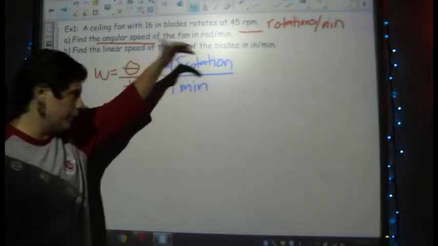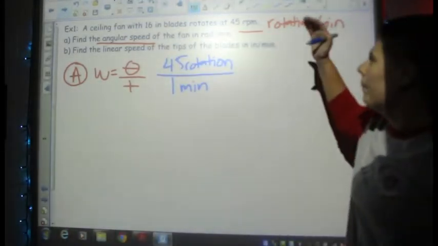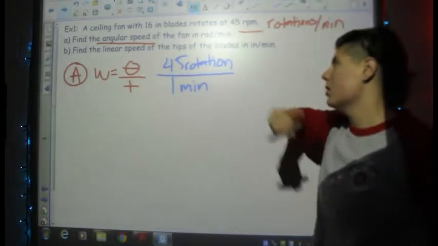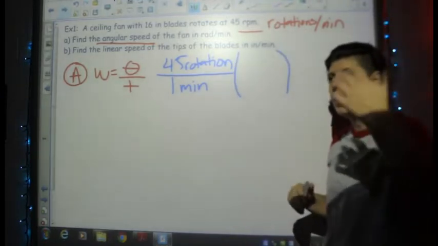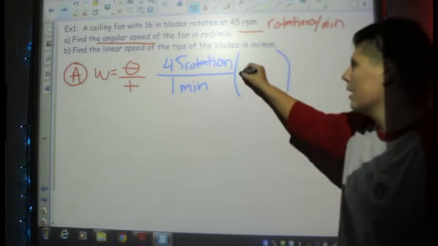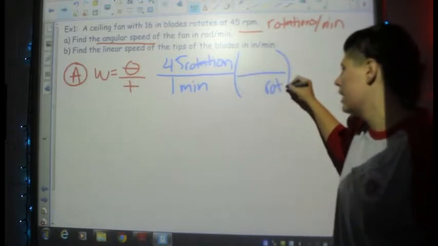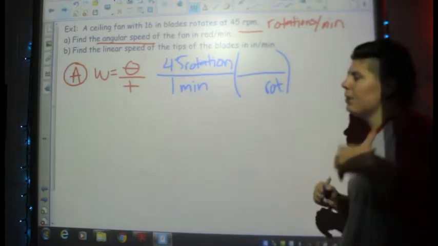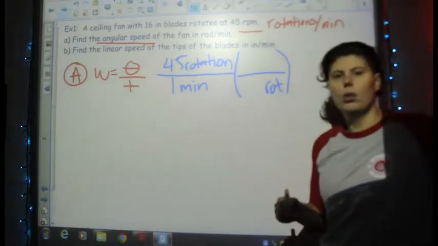So I need to change my rotations into radians, because radians is what it asks for. Well, I'm going to use my conversion factors, just like I did in the warm-up. Because rotation is on top, I know I'm going to need to have a rotation on the bottom. And if I'm thinking about a circle, how many degrees are in a circle?